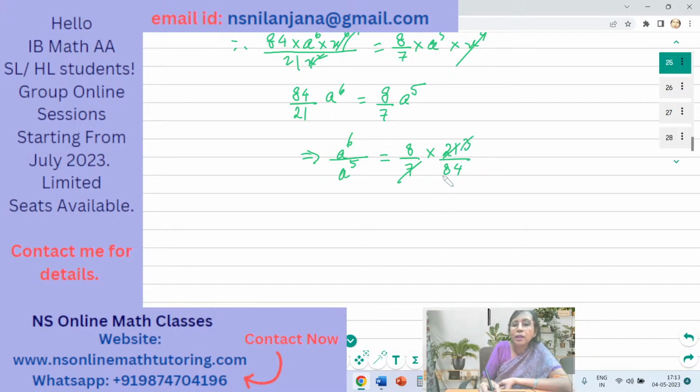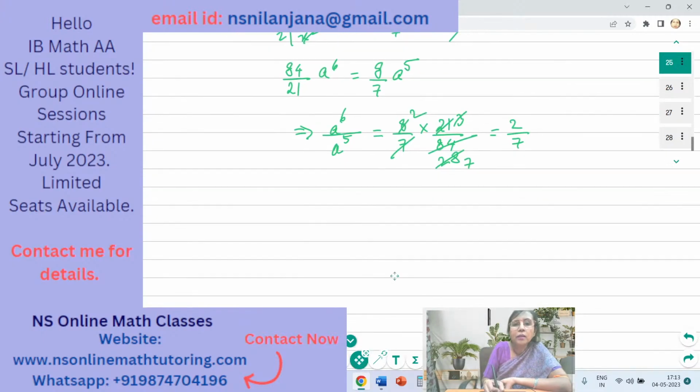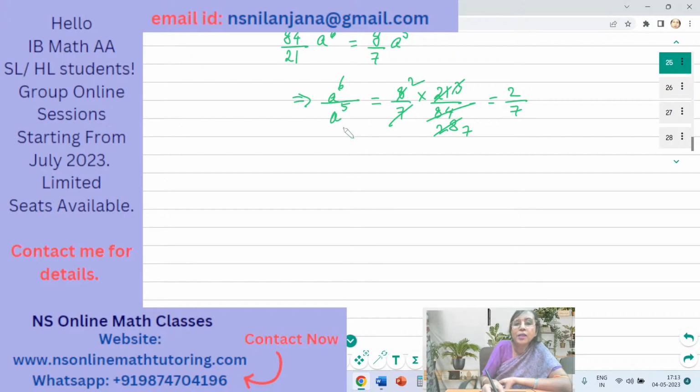You can use the calculator as well. This one is 8 over 28, so I can cancel 4 times 2 and 4 times 7. So this is 2 over 7. And a to the power of 6 over a to the power of 5 is equal to a. So a is equal to 2 over 7.